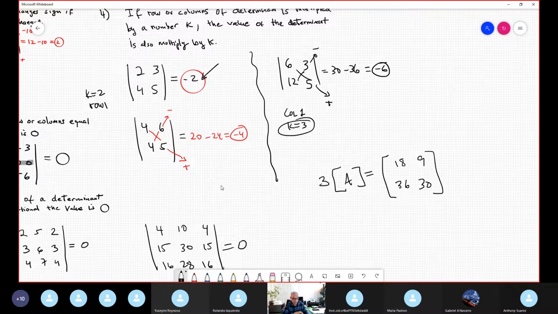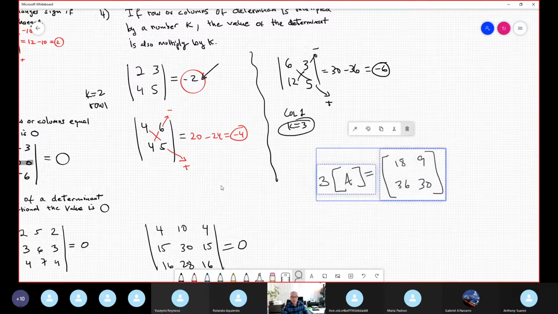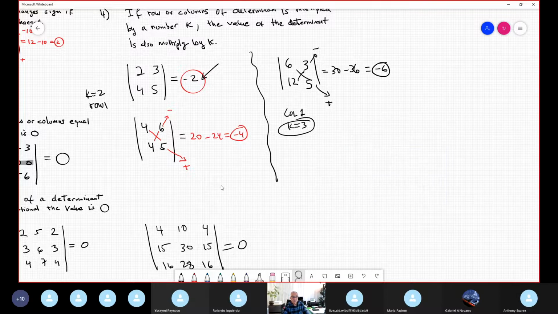Normally we use property number 4 backward, not as multiplication but as factorization. Suppose I realize that column 1 is divisible by 3, so I factor out that 3, and the determinant has 2, 3, 4, and 5.